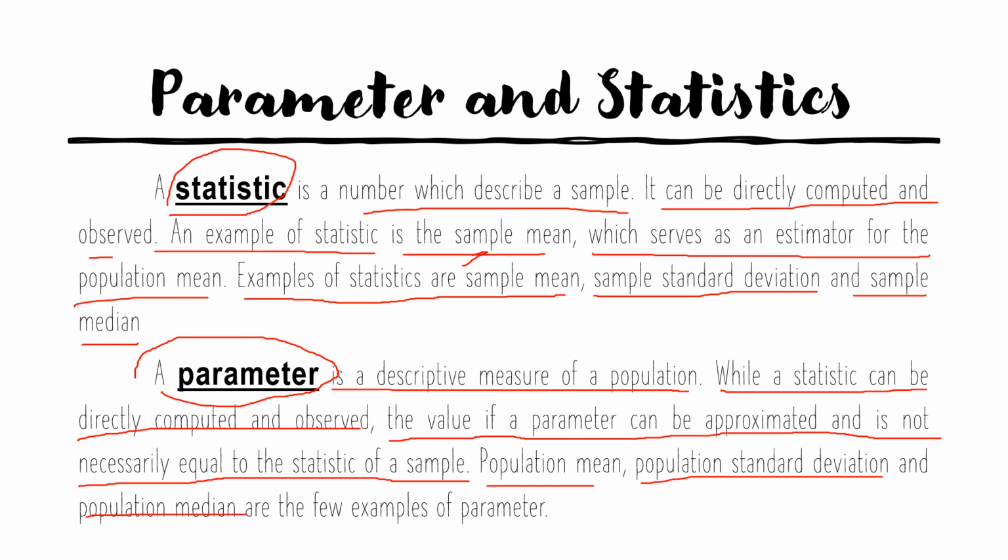So when we say parameter, again with the formal definition, it is a descriptive population measure. It is a measure of the characteristics of the entire population, for example, a mass of all the units under consideration that share common characteristics, based on all the elements within the population.